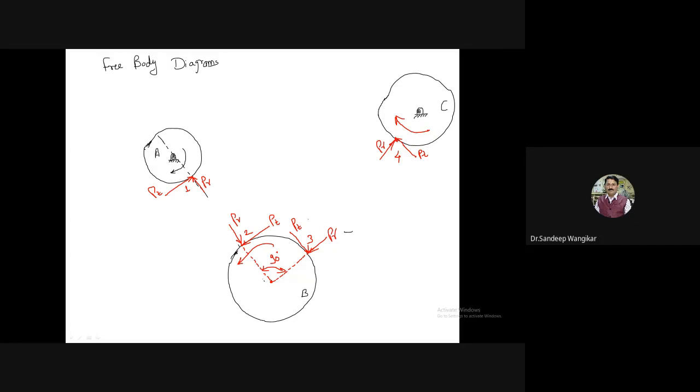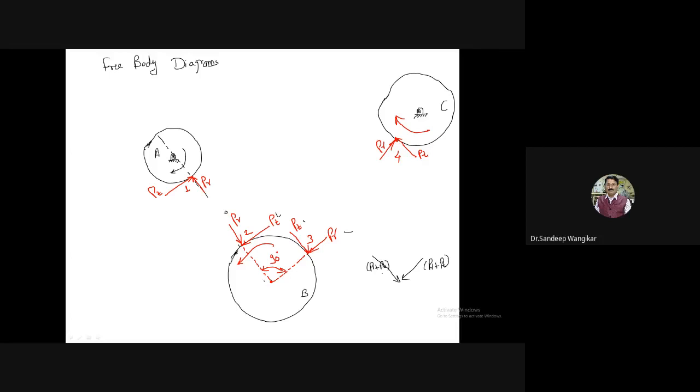So this PR and this PT act in this direction at point B, and from this direction it will act like this. Here I can say this load is acting as PR plus PT. This load is also acting as PR plus PT at the center.